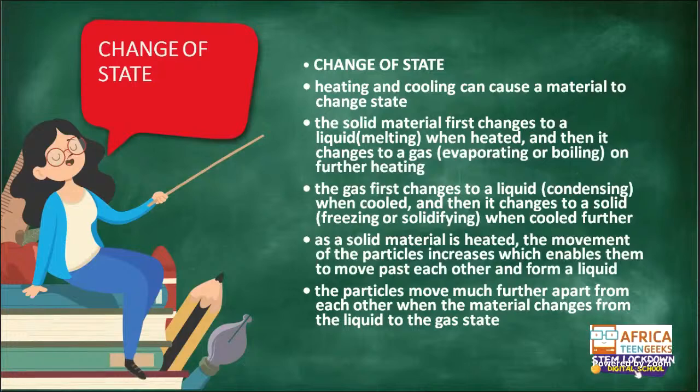The solid material first changes to a liquid, that is melting, when it is heated, and then it changes to a gas, that is evaporating or boiling, on further heating. Now, the gas first changes to a liquid, which is called condensing, when it's cooled, and then it changes to a solid, when it's freezing or solidifying, when cooled further.